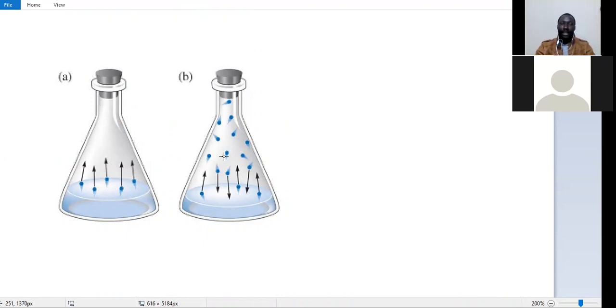So the rate of condensation equals the rate of evaporation. The rate of forward reaction equals the rate of reverse reaction, okay?